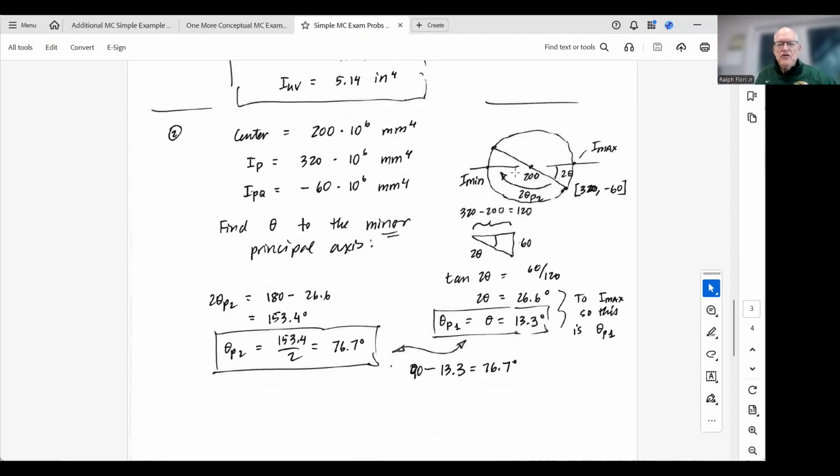Our 2 theta P2 is 180 minus 26.6, which is 153.4 on Mohr circle, and divide that by 2. On the original area, our theta P2 is 76.7 degrees, or on our original area, our theta P1 is 26.6 divided by 2, which is 13.3. So again, we're given a center and enough information for a point, and from that, you can get your angles.